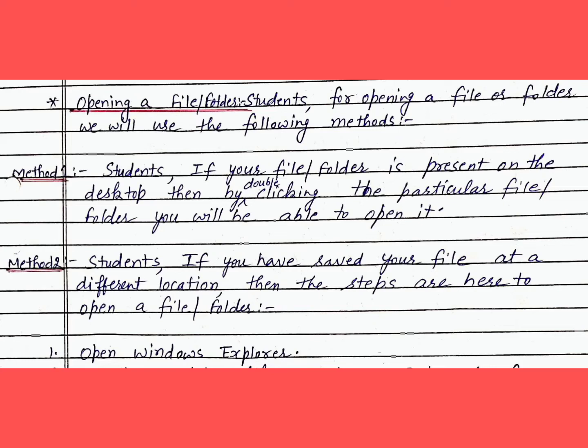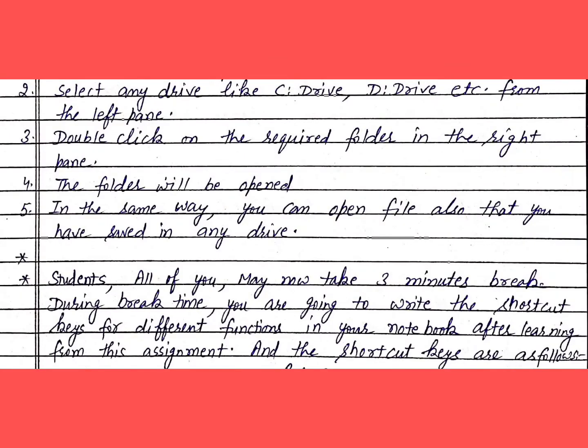Method 2. Children, if you have saved your file at a different location, then the steps are here to open a file or folder. Step 1. Open Windows Explorer. Step 2. Select any drive like C drive, D drive, etc. from the left pane.